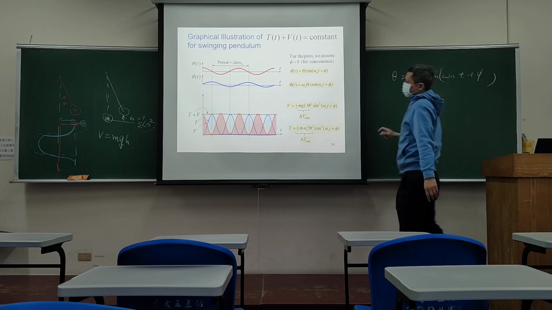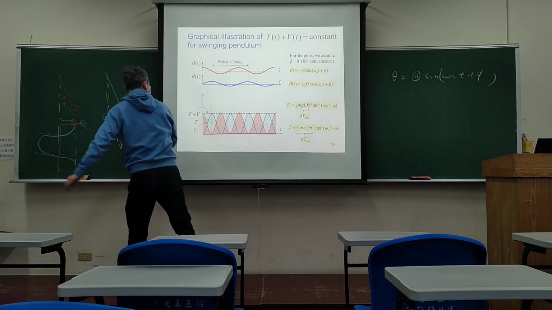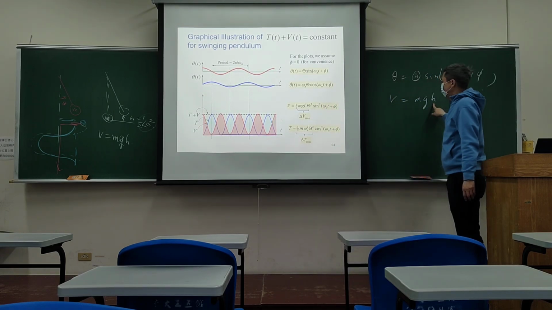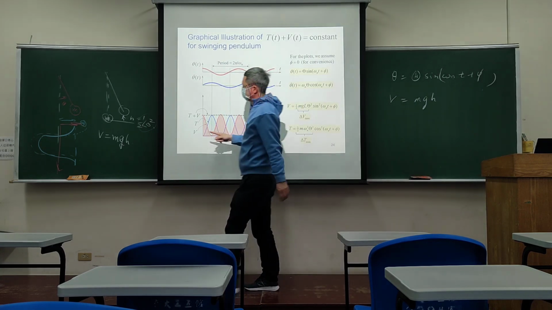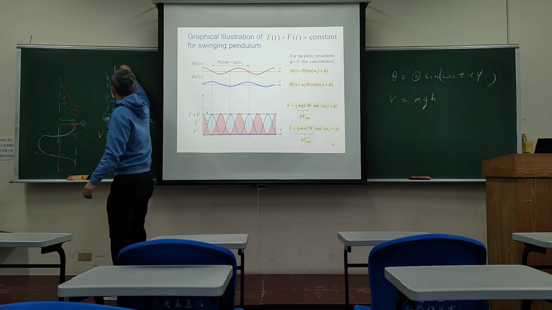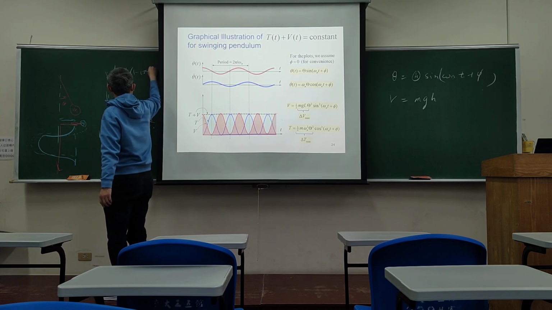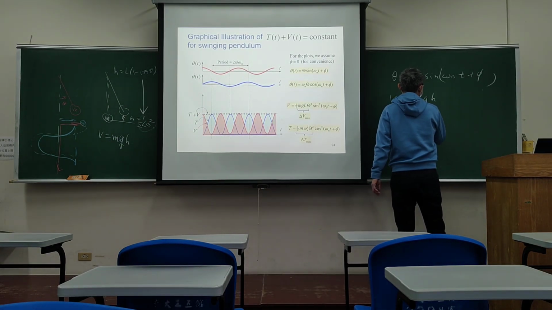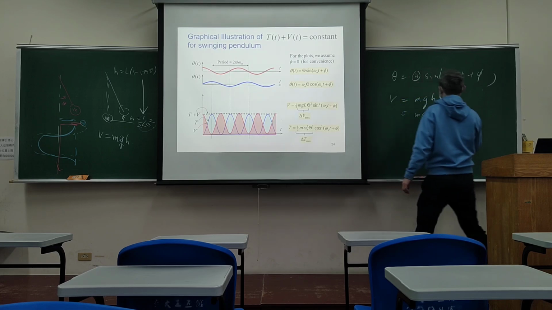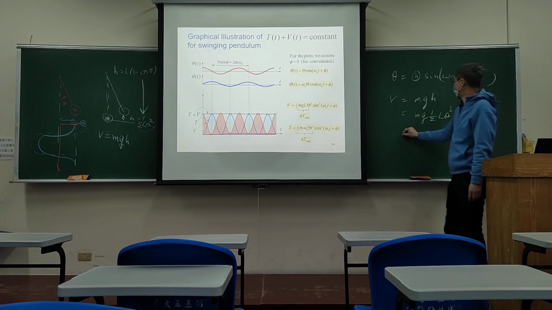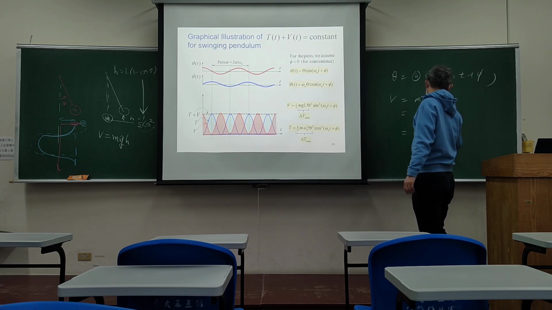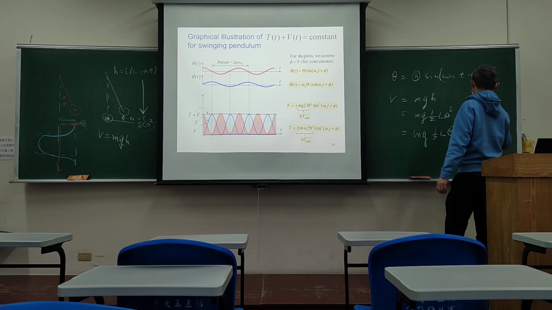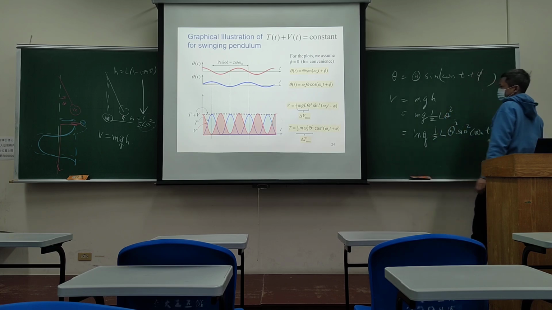However, the potential energy is mgh, and h was derived to be L(1 minus cosine theta). We derived it yesterday and found out this is mg half L theta squared. And this theta squared upon substitution is mg half L capital theta squared sine squared (omega n t plus phase).